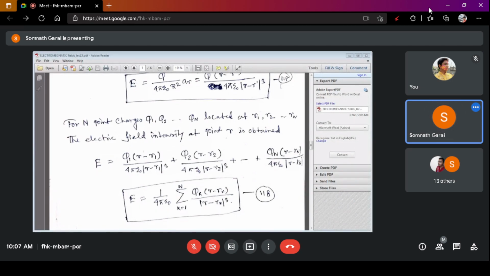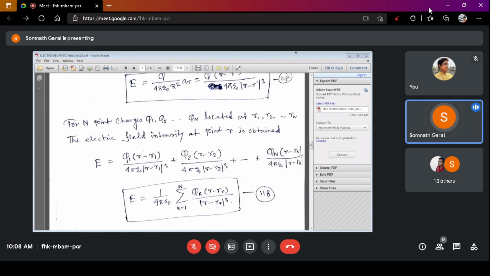But if we have n number of point charges, Q1 whose vector location is small r1, Q2 whose vector location is small r2, Q3 whose vector location is small r3, dot dot dot Qn whose vector location is small rn.